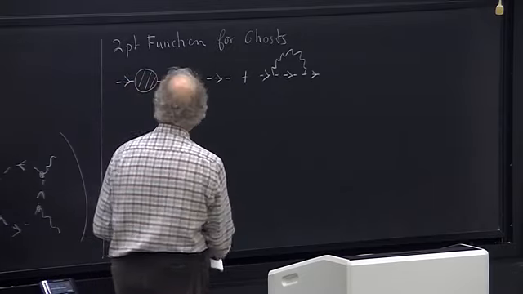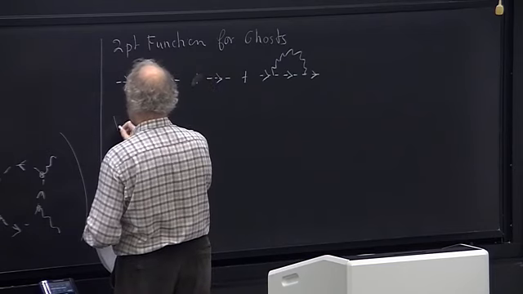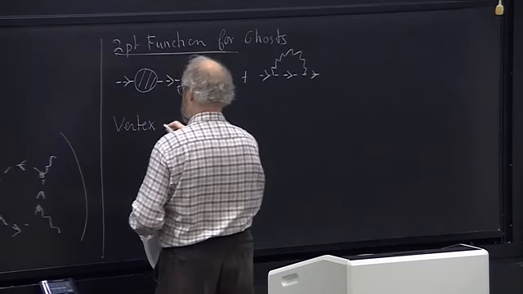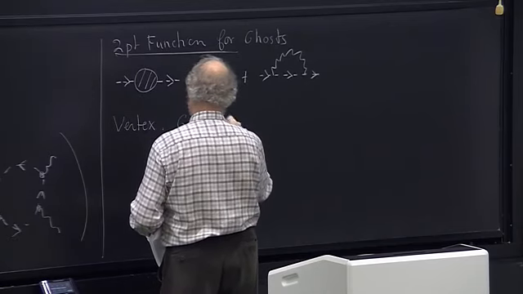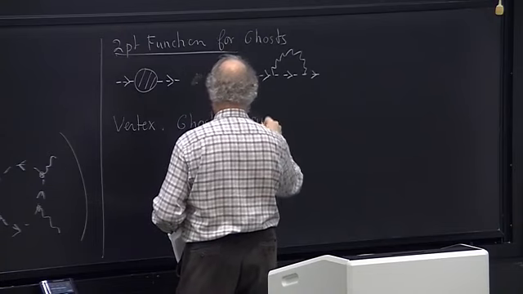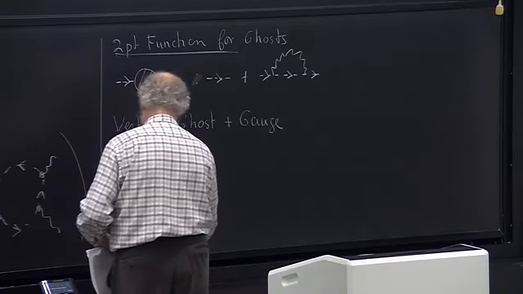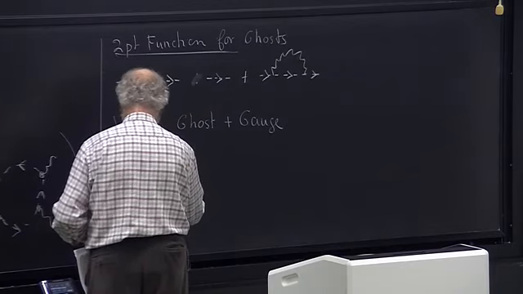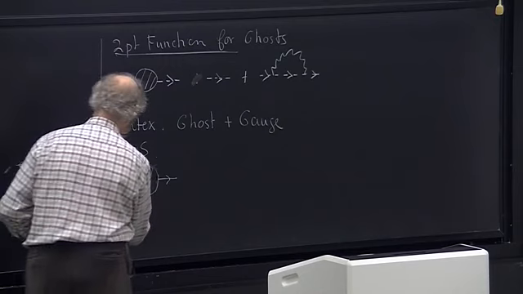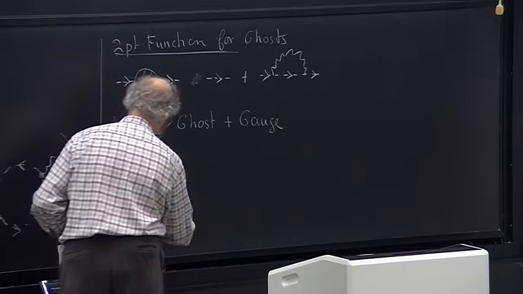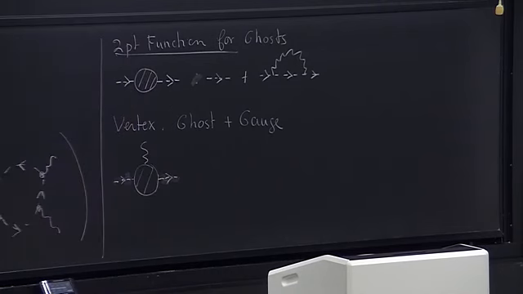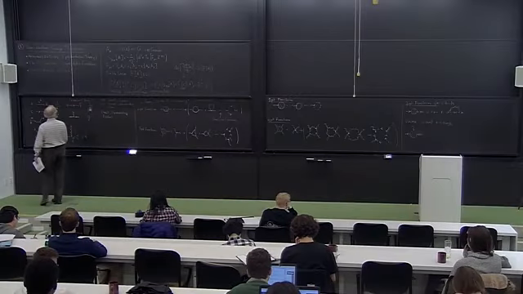Okay. And then you must have the interaction vertex for ghost plus gauge field. So the 3-point function where you have a ghost that interacts. Well, so this is a ghost tensor, so this should be a dashed line. Okay? Because we have an interaction vertex for the ghosts.